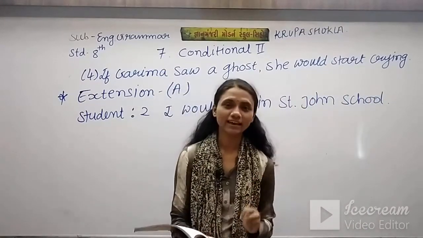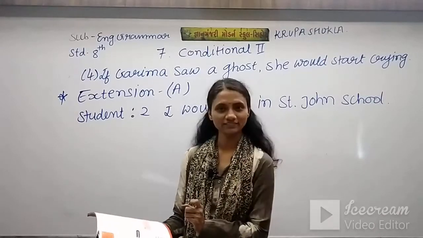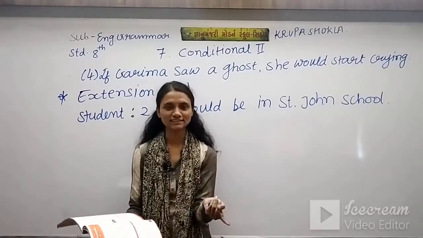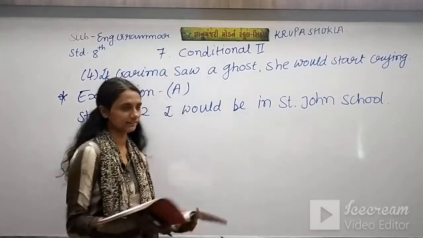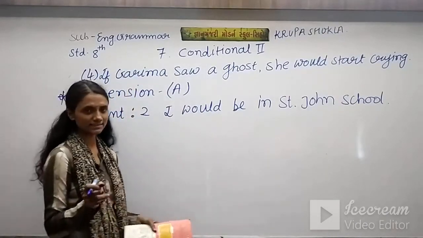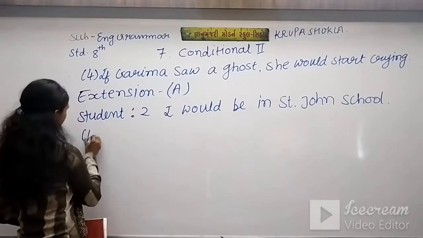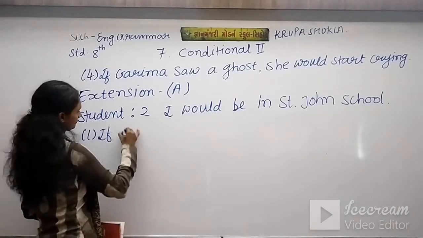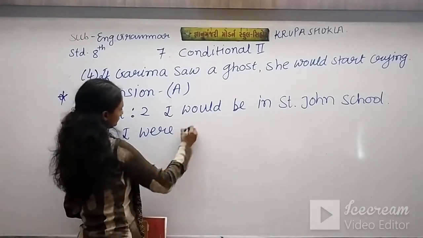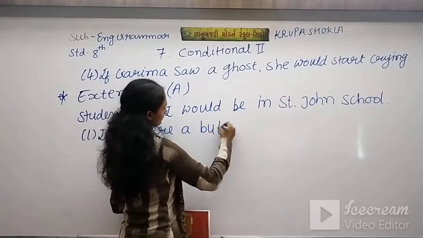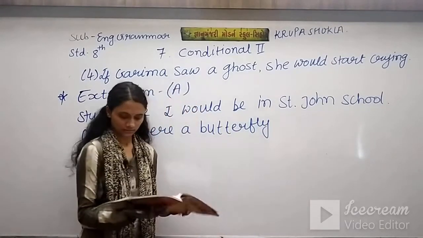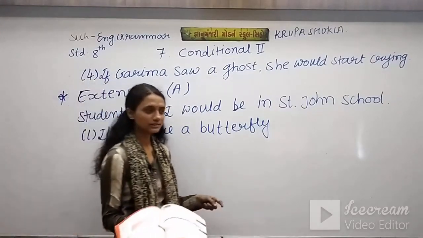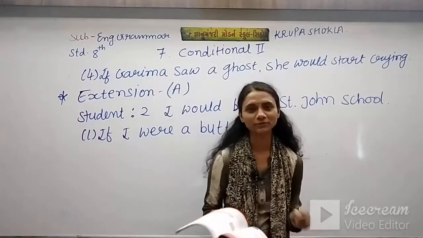Now, what do we have to do? Hints are given, so we'll make sentences using those hints. Okay. If I were a butterfly, you have to write these sentences in your book. So students, if you were a butterfly, what would you do?